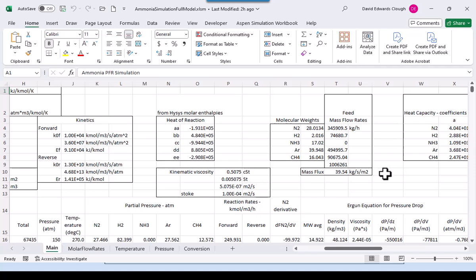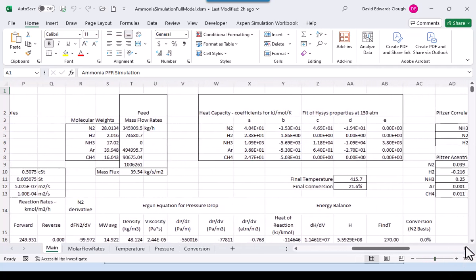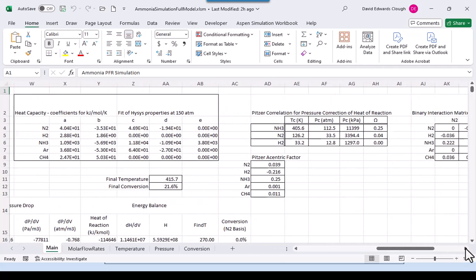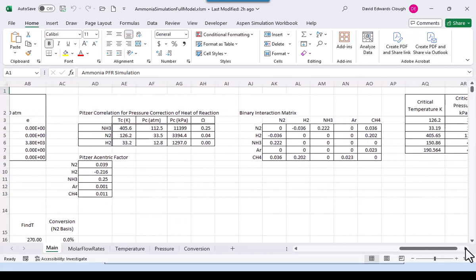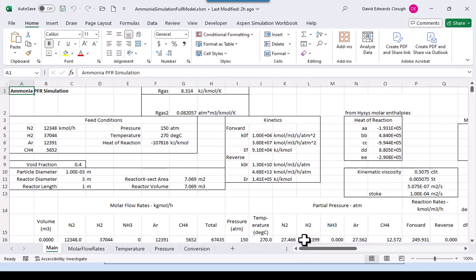That is the capital G sub zero, which we use in the Ergun equation. So we calculate that for the feed because it doesn't change going through the reactor. And then over here, we have some of the same information in terms of heat capacity coefficients and the Pitzer information, the binary interaction matrix, and the critical properties. So that's all very similar.